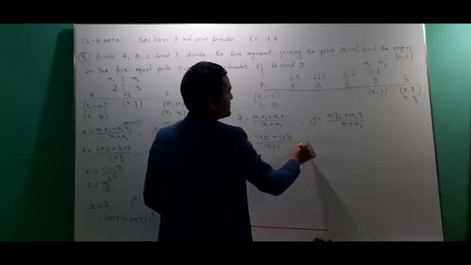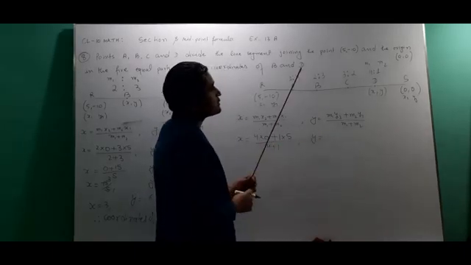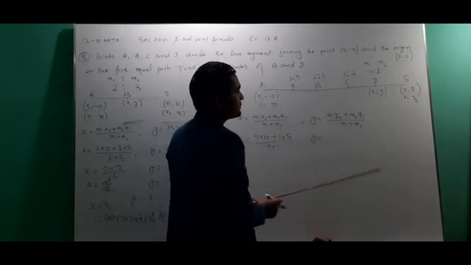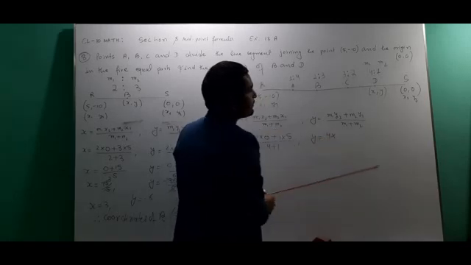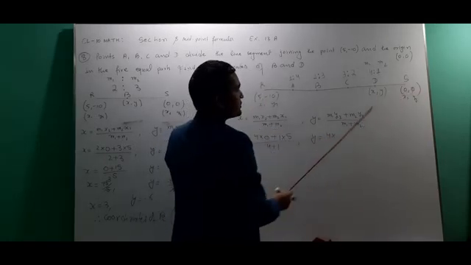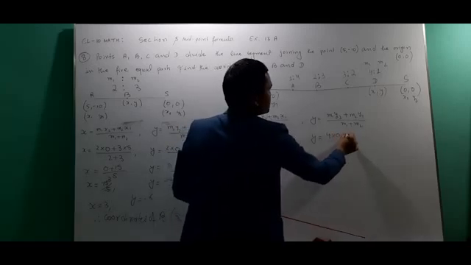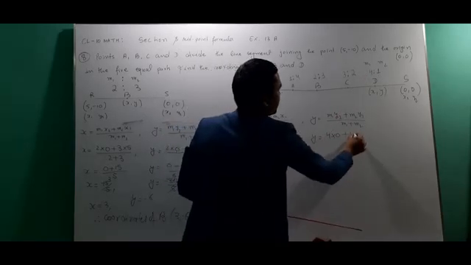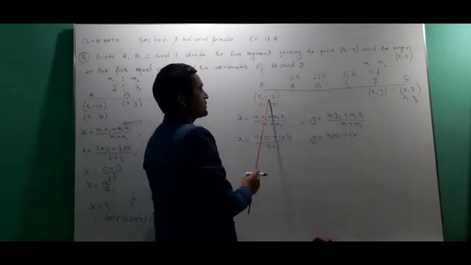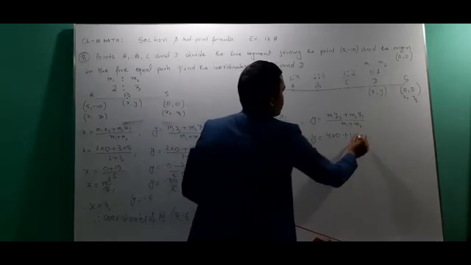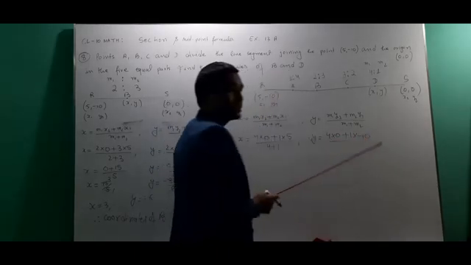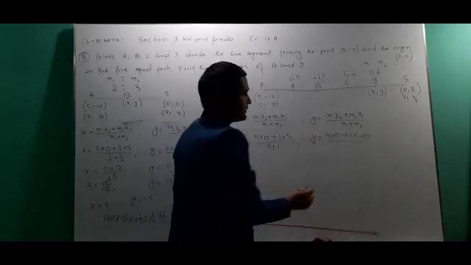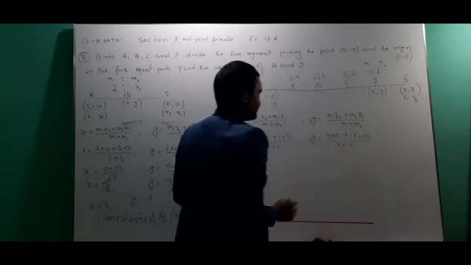Now similarly y equals m1, m1 means 4. 4 multiply y2 is 0. Then plus m2 is how much? 1. Multiply y1 is how much? Minus 10. Divided by m1 plus m2. m1 plus m2 means 4 plus 1. Okay, let's simplify it.